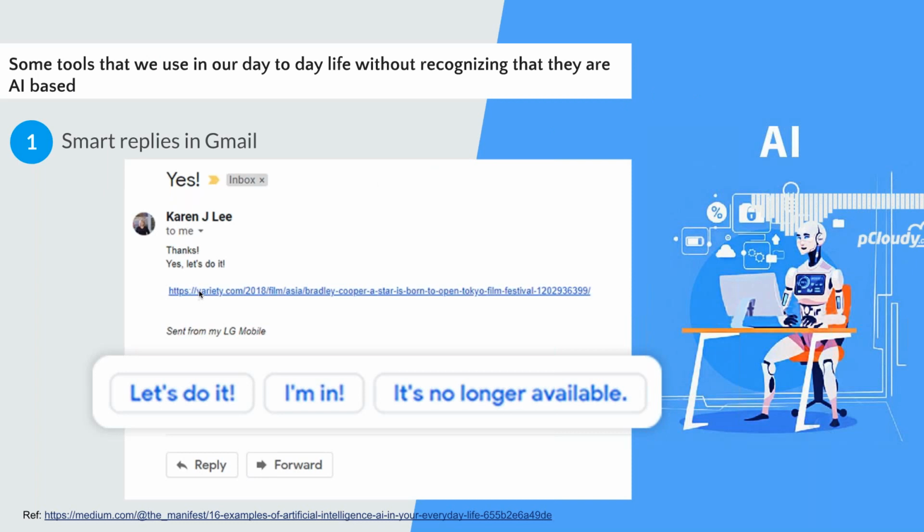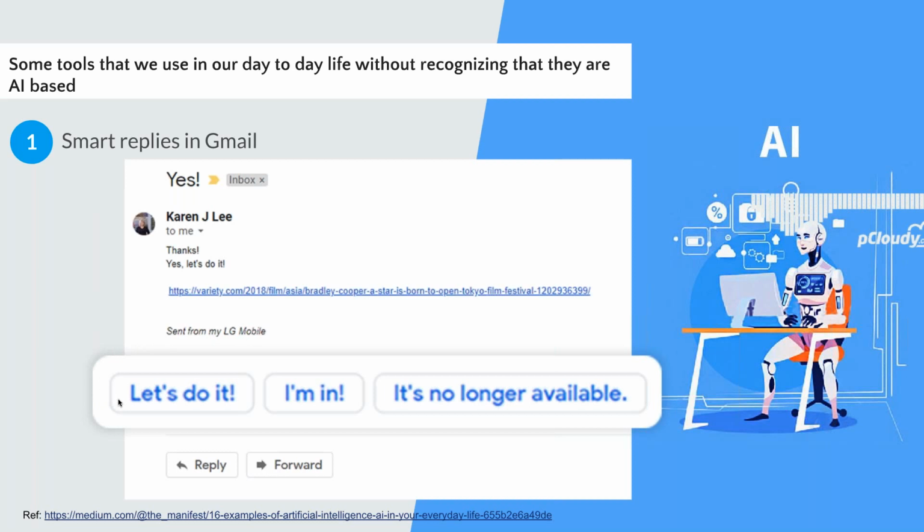And then it contains a weird URL which doesn't mean anything. And in the signature, it is just mentioned sent from my LG mobile. And Gmail suggests that I reply with one of three suggestions. Let's do it, or I am in, or is no longer available.